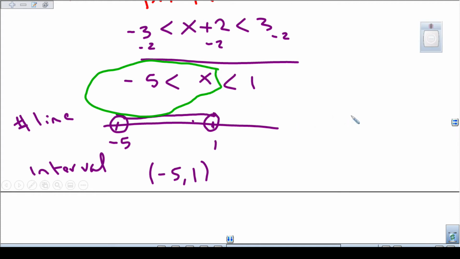You could say x is, if you read this carefully from the variable, greater than -5, and then you focus on the other side, x is less than 1. So yes, there is a way to split them. Again, you just have to be a little bit conversant and careful with inequalities. I would stick with the format that I have here, but this is also another option. It's up to you.